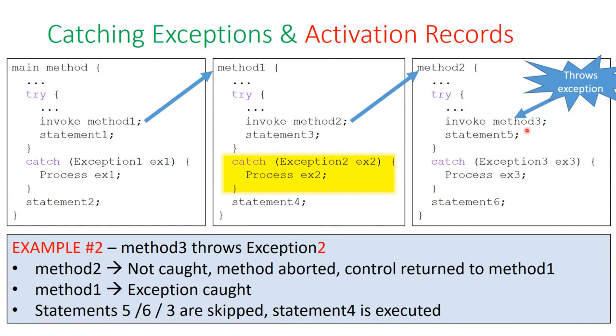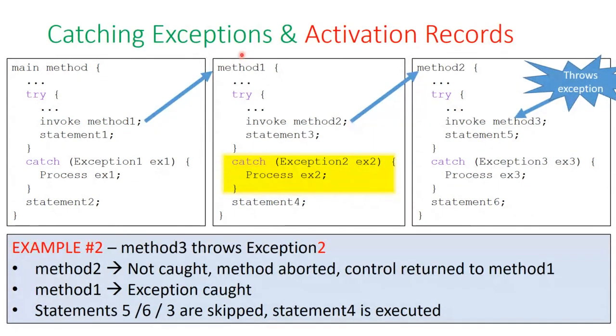So it's not that it raised a new exception, it's just that it received exception 2 from method 3. It was not able to handle it, so we are going to skip any remaining code in method 2, and we are going to abort method 2, just like we aborted method 3, and the exception will propagate to whoever called method 2.